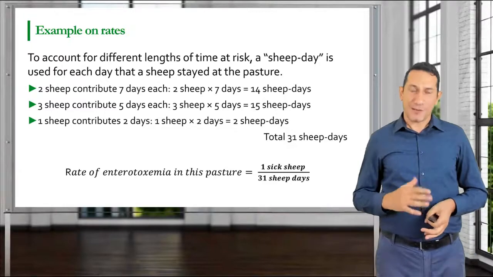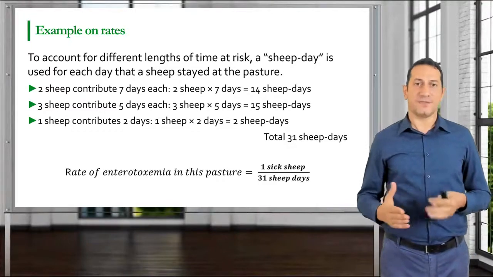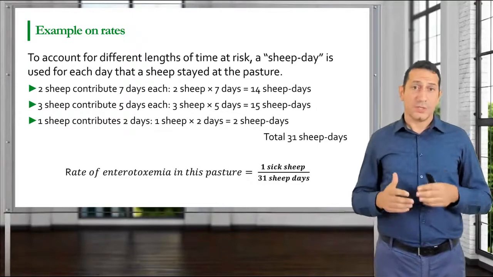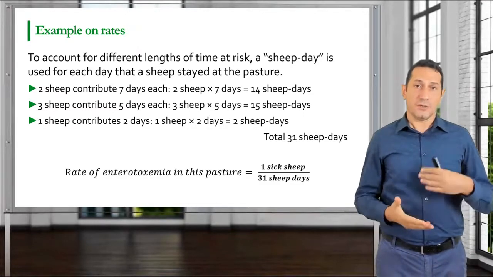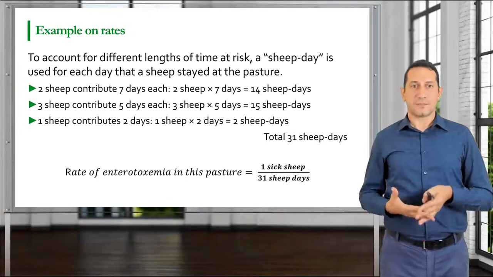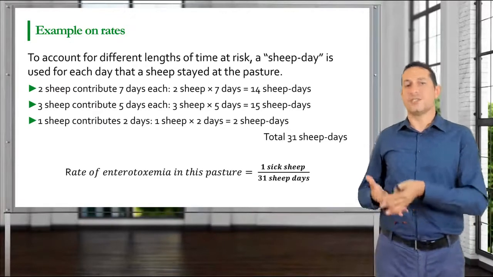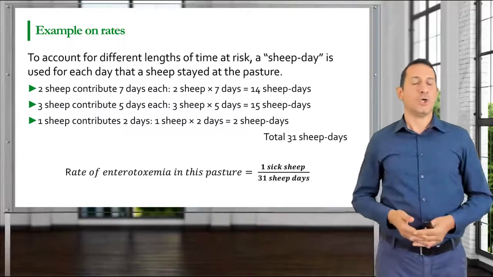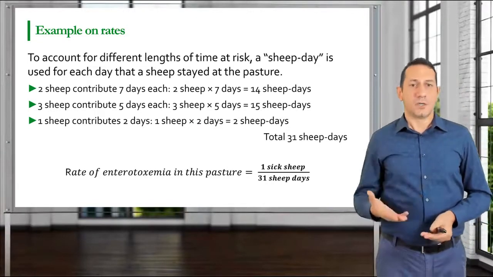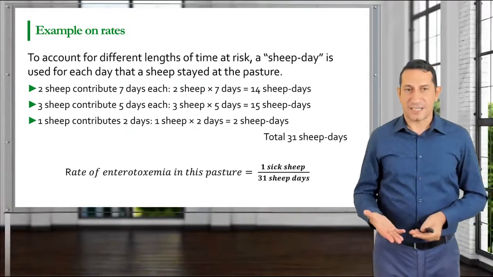So to account for this different length of time of exposure to the Clostridium, we calculate the sheep day, which is used for each day that the sheep stayed at the pasture. So we said that we had two sheep which contribute 7 days each.